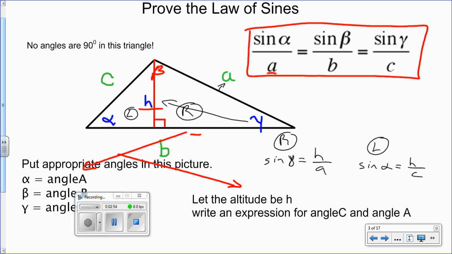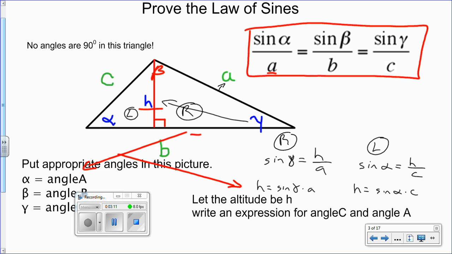If I solve these both for H, I get H equals sine of lambda times A, and H equals sine of alpha times C.